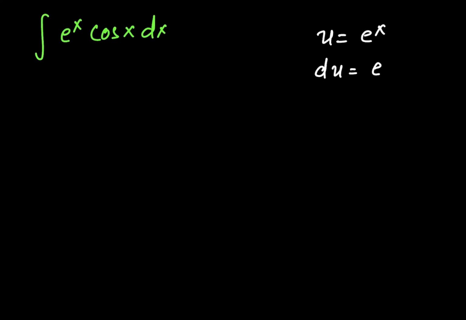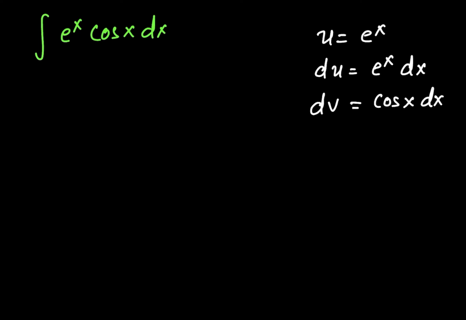So the integral of e to the power x cos x dx. Here we will be considering u to be equal to e to the power x. So the derivative of u will be equal to e to the power x dx. And dv will be equal to cos of x dx.